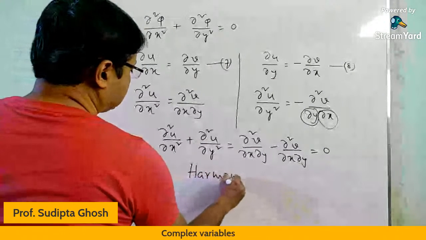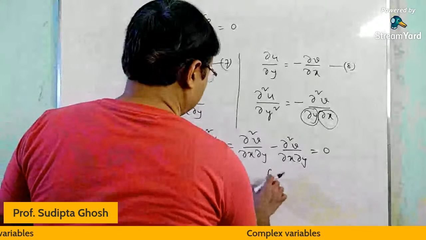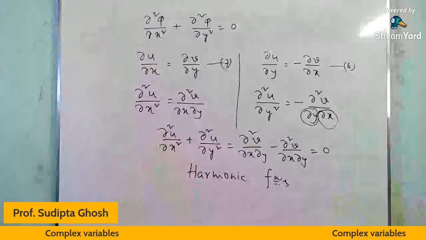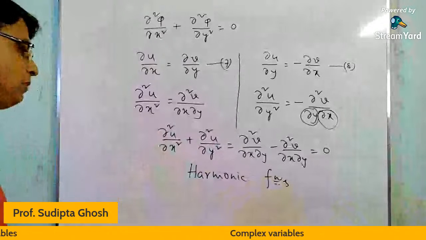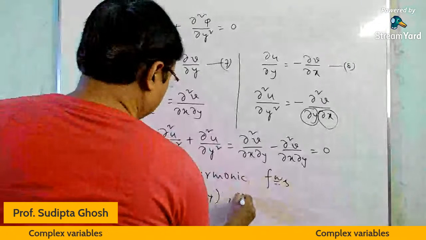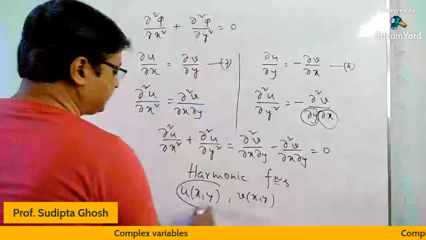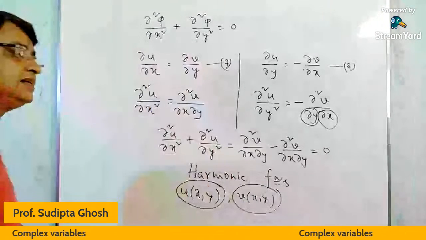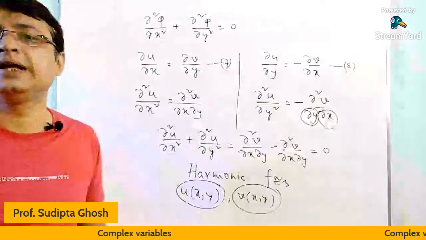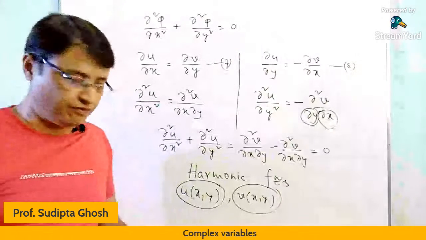Hence in this problem, u, a function of x and y, and v, again a function of x and y, are harmonic functions, because u and v satisfy the Laplace's equation, and any function that satisfies Laplace's equation is known to be a harmonic function.